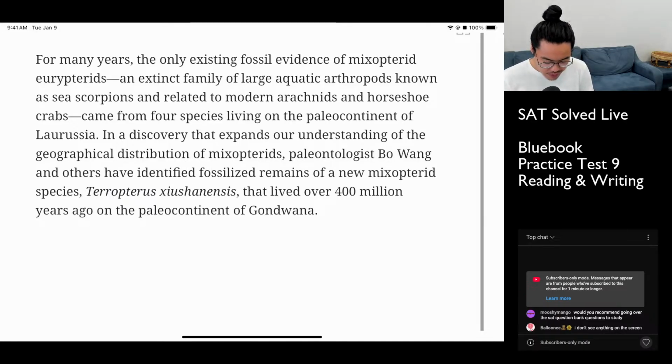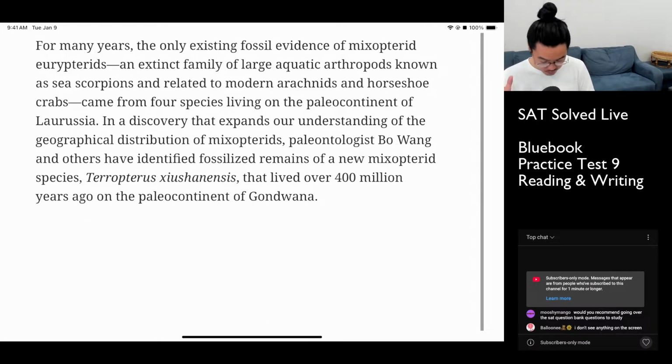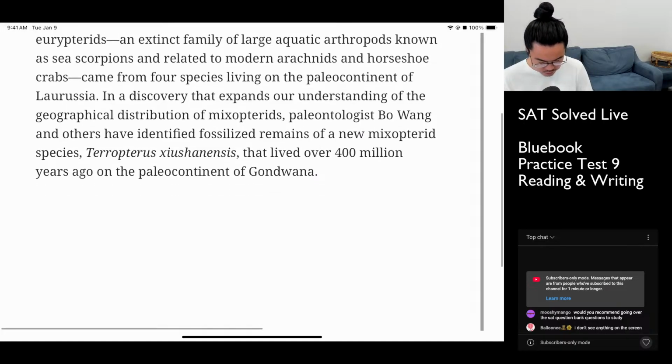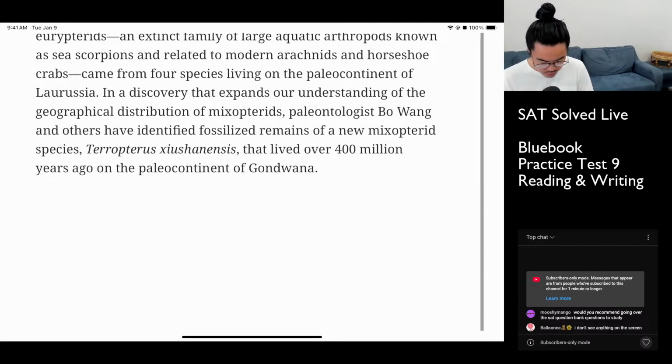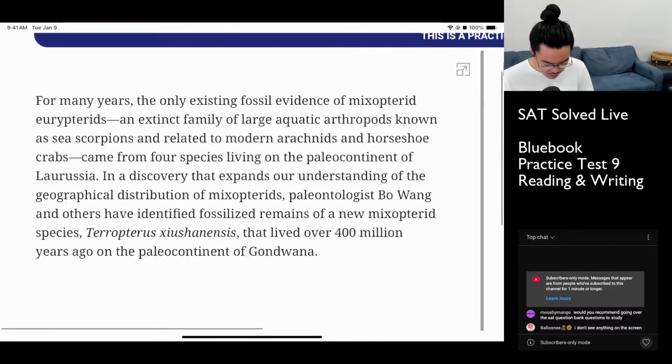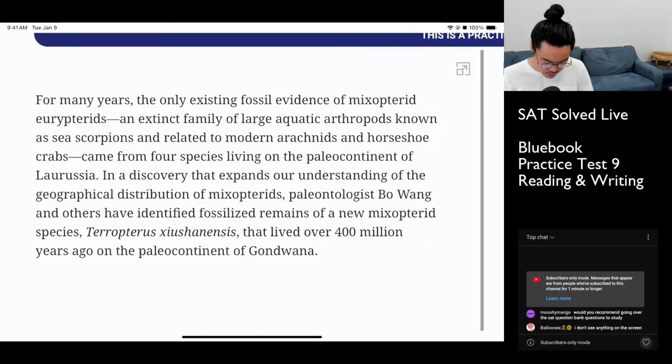In a discovery that expands our understanding of the range of the MEs, we have identified the fossilized remains of a 5th one, 400 million years ago, on a different paleocontinent called Gondwana.